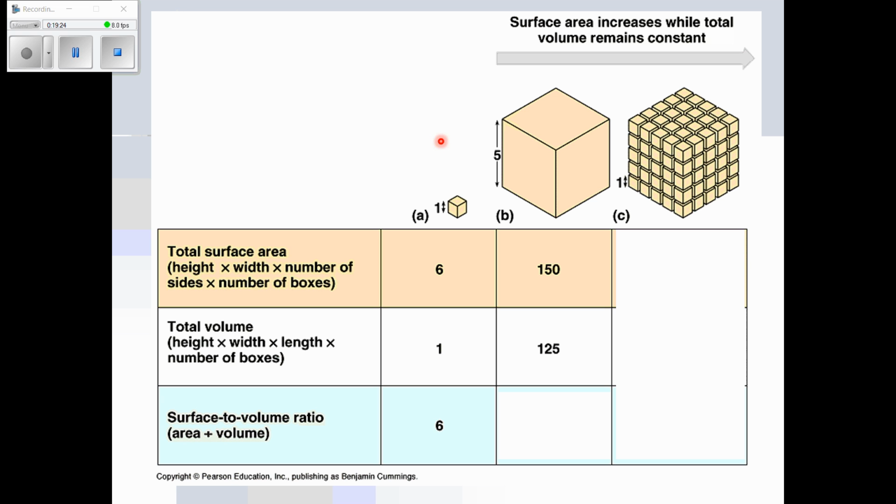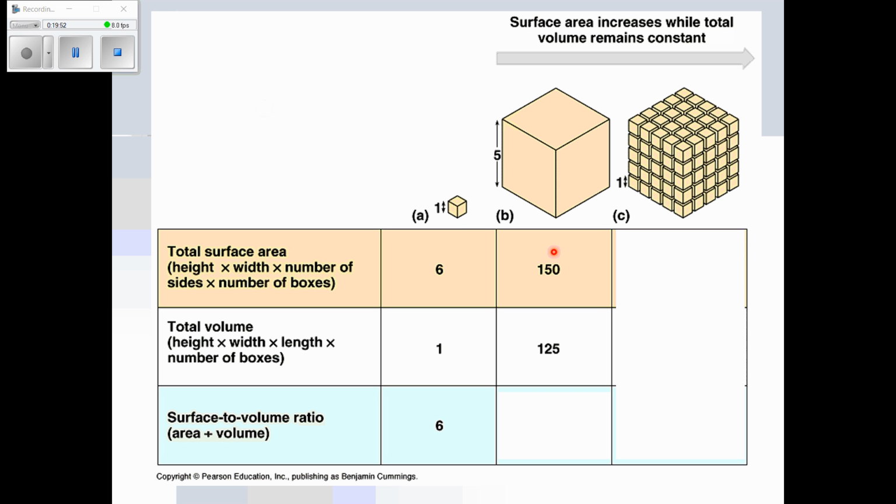Now my question a moment ago, remember, was which of these numbers grew the most? Did the surface area increase the most? It went from 6 to 150. Or did the volume increase the most? It went from 1 to 125. So let's think about this mathematically.